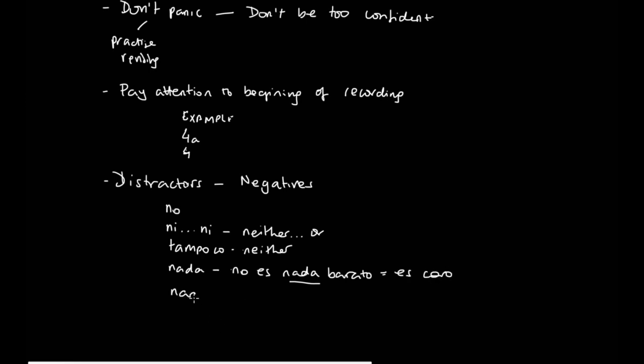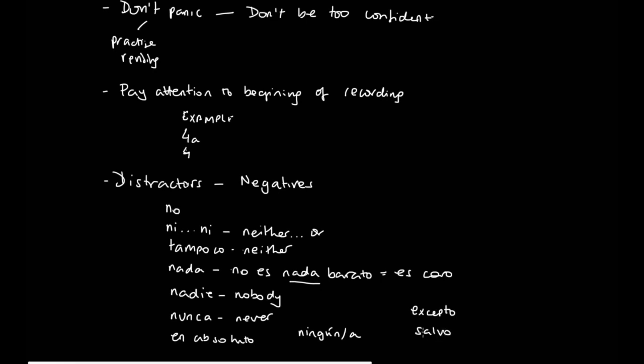Nadie, nobody. Nunca, never. Other words also like en absoluto, at all, or ningún, none, ningún o ninguna. And other words like excepto, except, or salvo, another way of saying except.